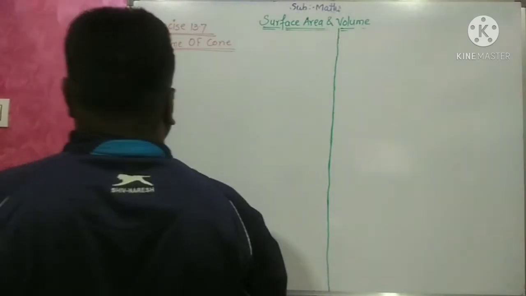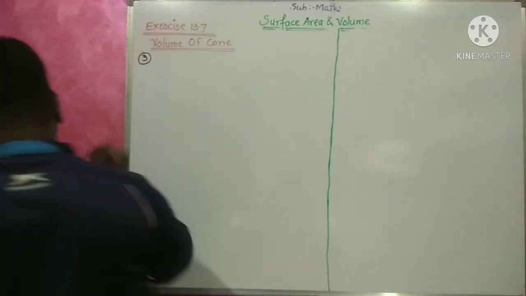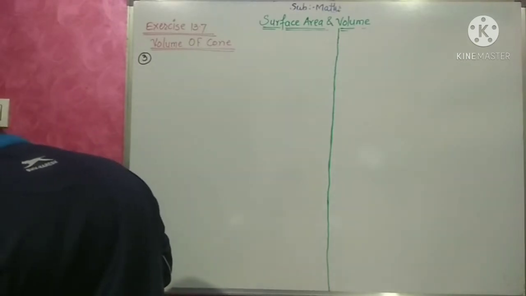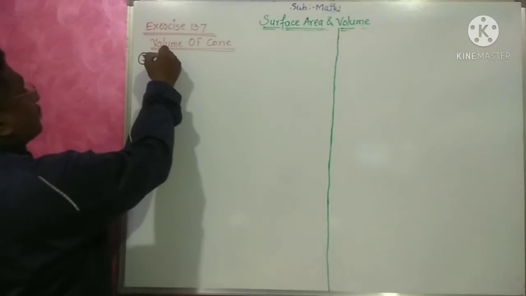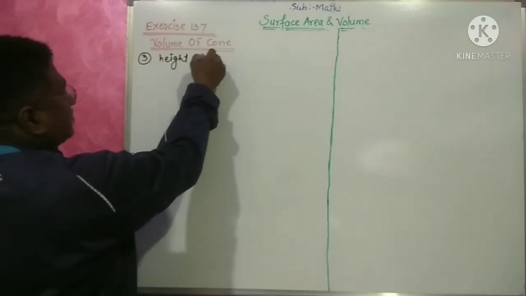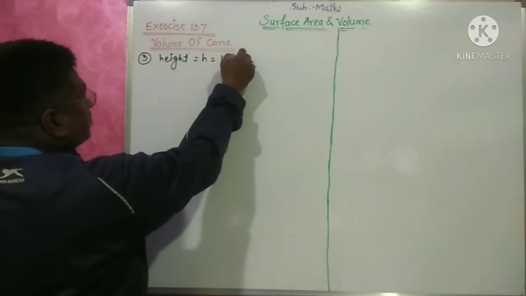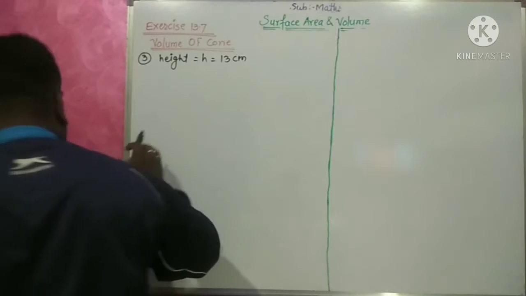What is given in the third question? The height of cone h is given, 15 centimeter.